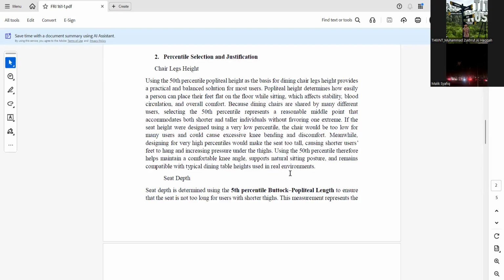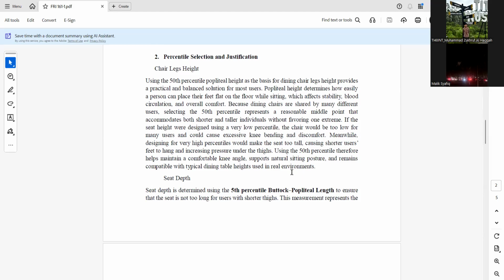For the chair legs, we use the 50th percentile because we want a reasonable middle point so that we can accommodate both individuals with shorter legs and individuals with taller legs.